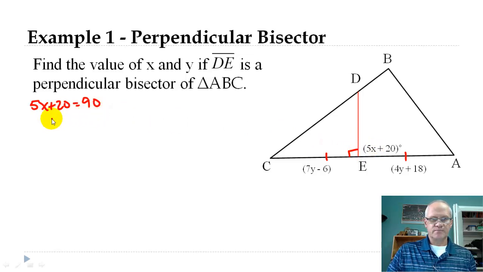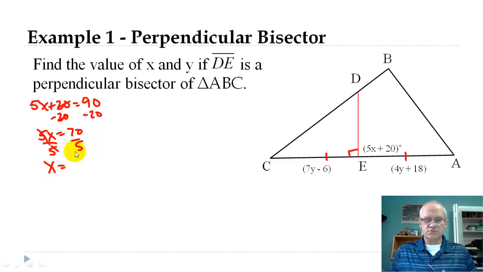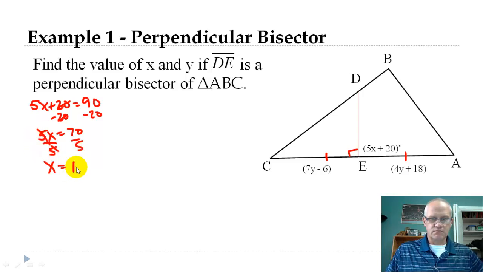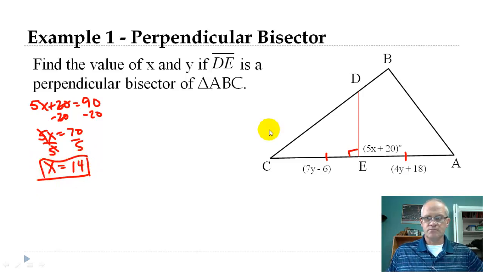Minus 20, 5x equals 70, and divide by 5. 70 divided by 5 is 14. So x is 14. Again, that was because this has to be 90 degrees.